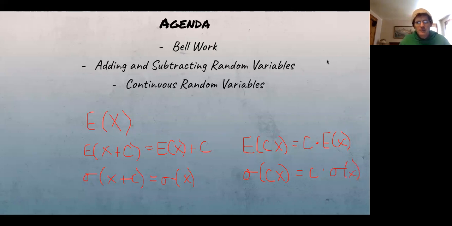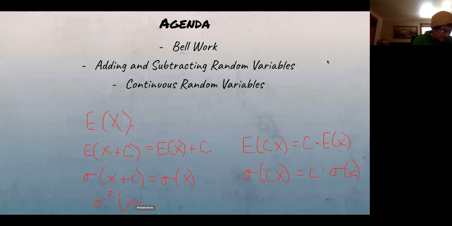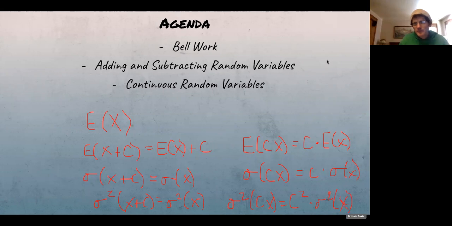So that was the main idea. One thing that we also talked about was this idea of variance. The variance is just your standard deviation squared. So that doesn't change when you add a constant, but it does change when you are multiplying. You're going to have c squared times your original variance. And this is all from the notes on Friday. I just wanted to give a brief reminder of that because that's going to come into play.